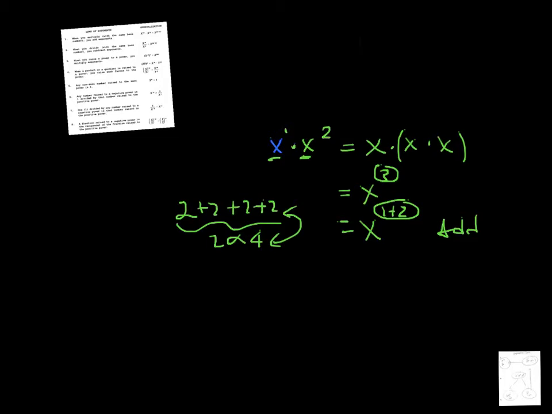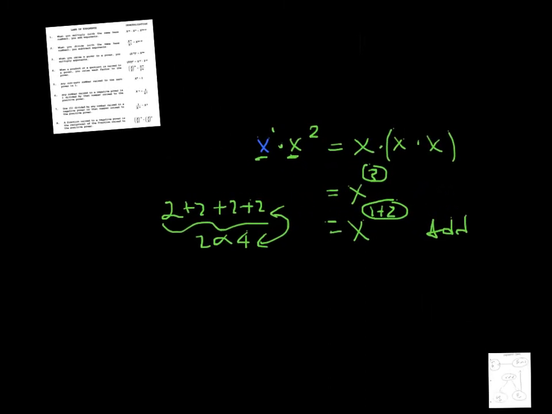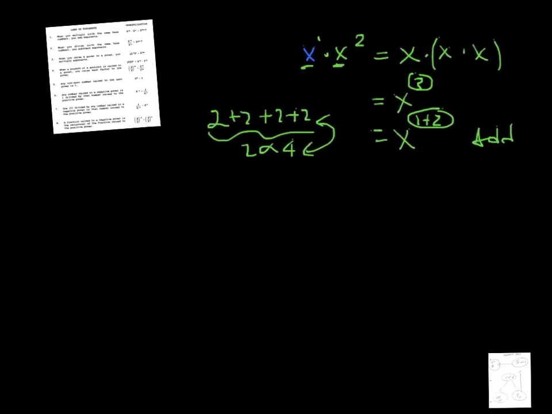Okay, let's move on to the next one and see if we can reduce it to something else. If multiplication is adding, then by extension, because extended family, you would think division is going to be subtraction.